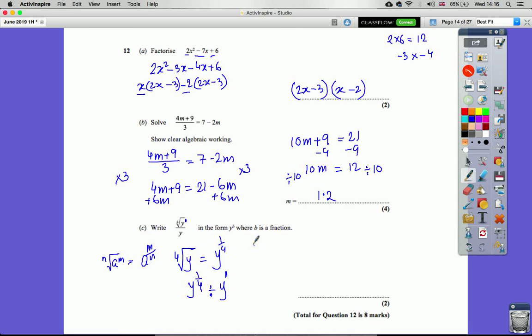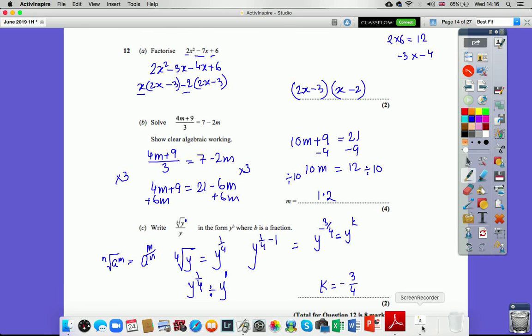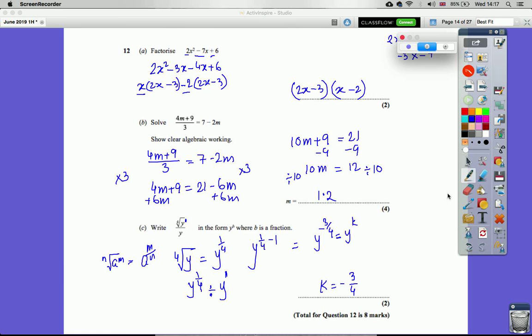So you're actually getting y to the power of a quarter minus 1, which is y to the power of negative 3 over 4, and that is y to the power of k. So k is equal to negative 3 over 4.